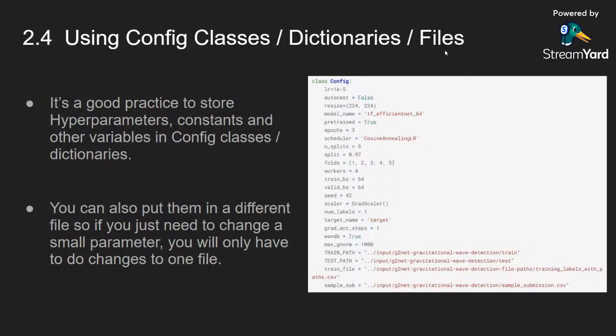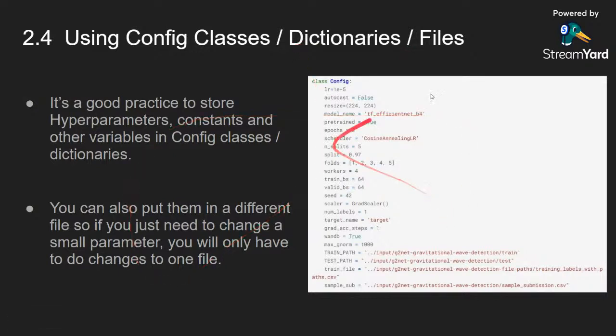In that case, what I have seen work better is that you make a different class or you can also make a dictionary. It's totally up to you. And you put everything like hyperparameters, or something that you want to tune with a few line changes, inside one different class or one different dictionary.